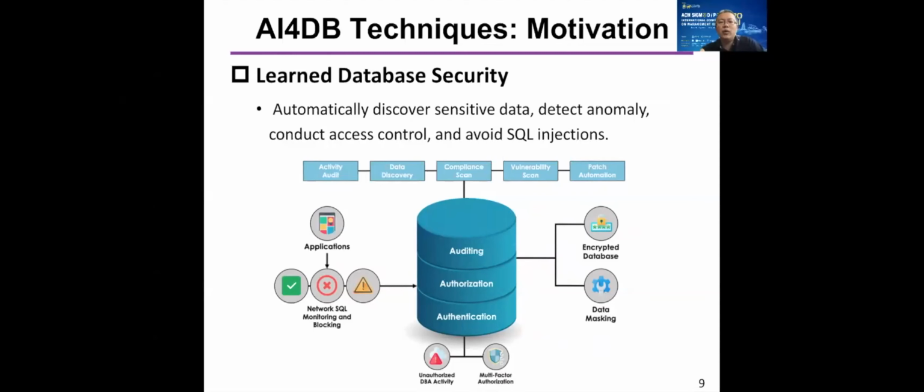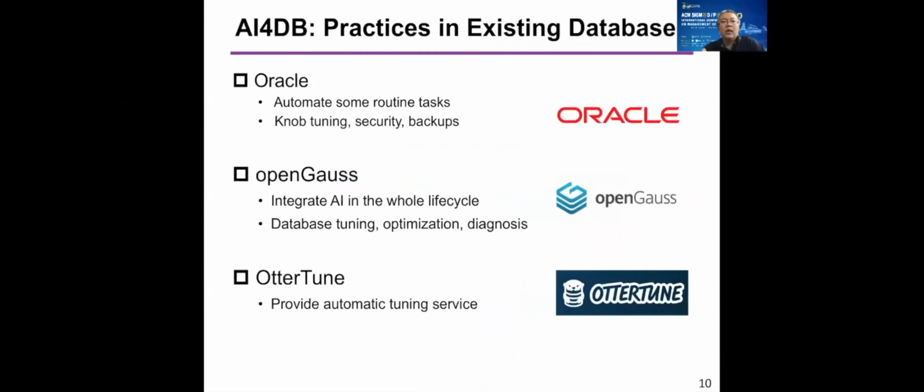We want to do this automatically, not labeled by humans. And we also want to avoid SQL injection and anomalous access to the database. I think this can also rely on learning-based techniques.